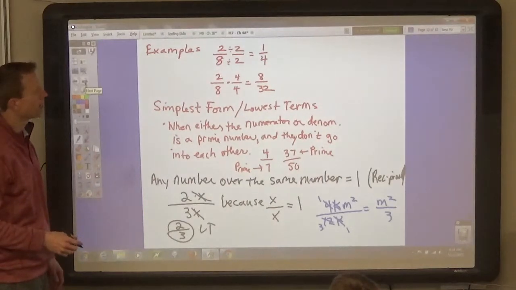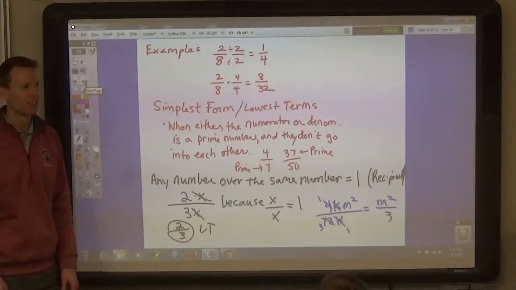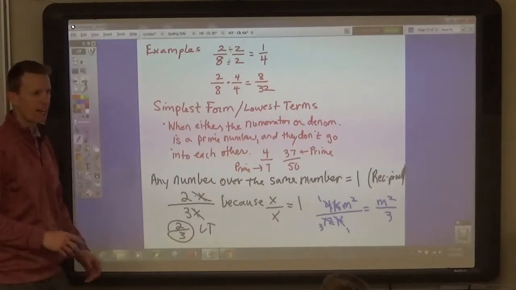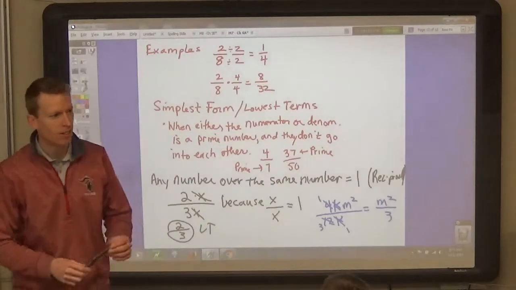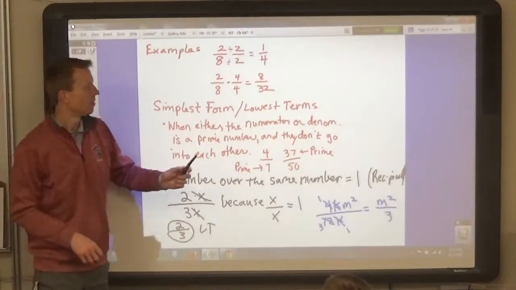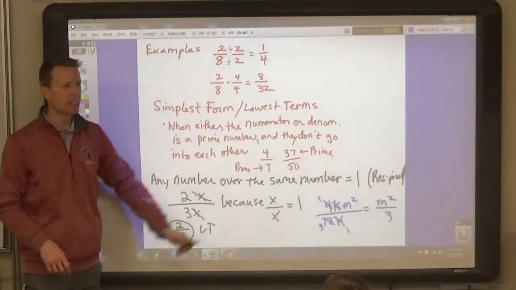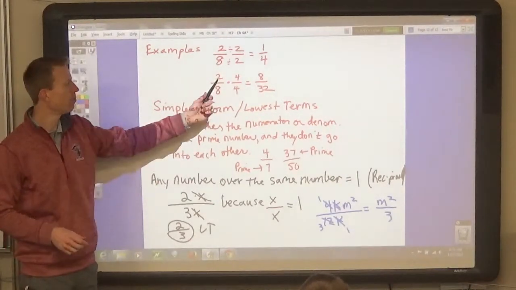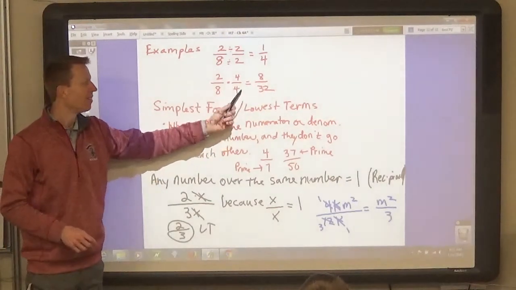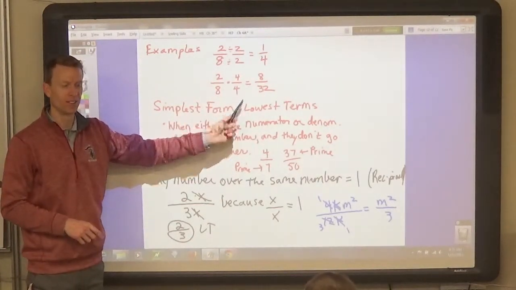Now, equivalent fractions. How do we find equivalent fractions? How do we find fractions that are equal amounts but different numbers? What are we doing here? 2/8 and 8/32. Luke? Multiplication by a fraction that's equal to 1, isn't it? 4/4.